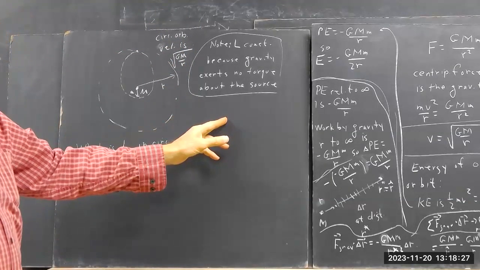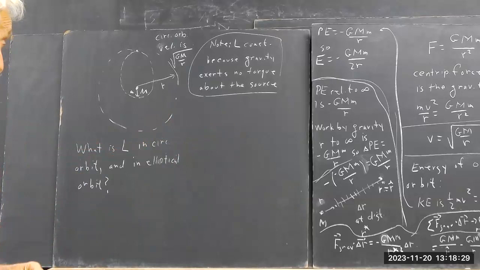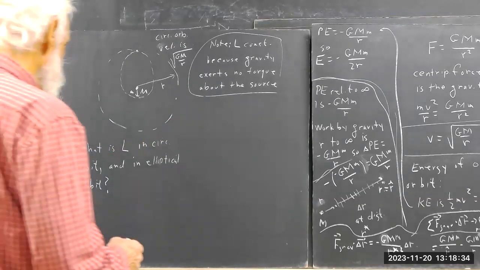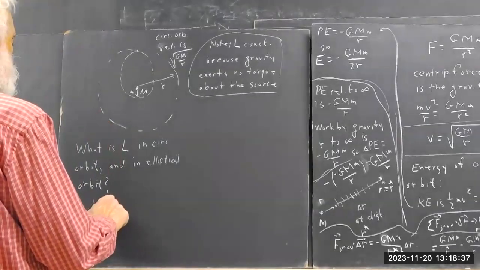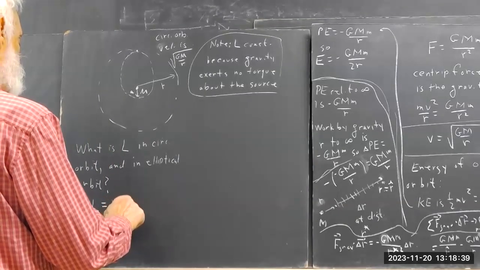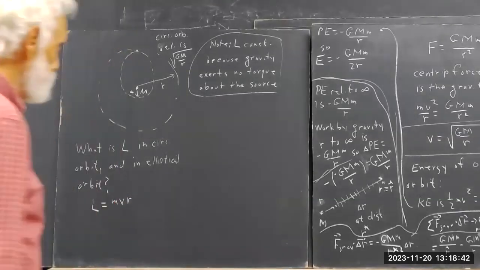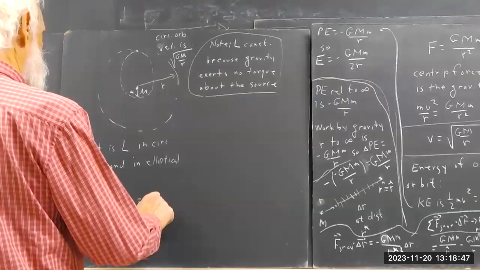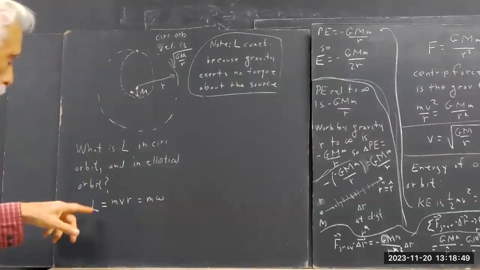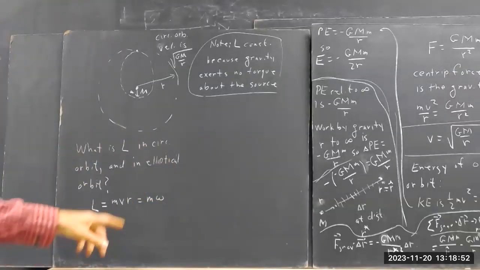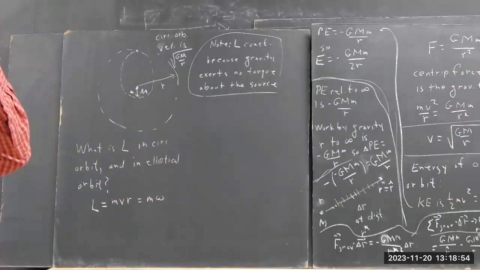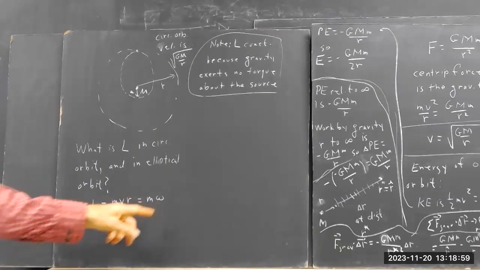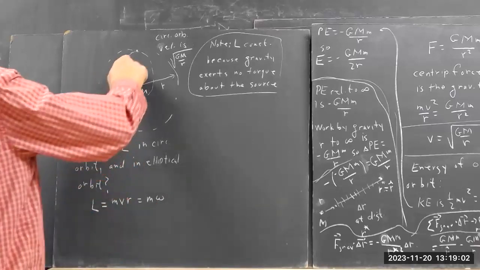We understand that idea. Angular momentum has to be the same. What is the angular momentum? Angular momentum is MVR or M omega R squared, since V times R is omega R squared, right? And what's omega? Omega is the rate at which the angle here is changing.